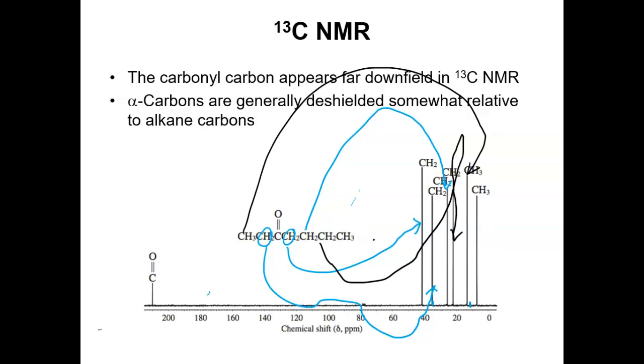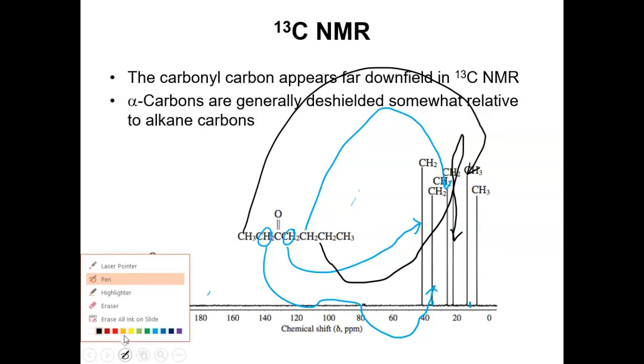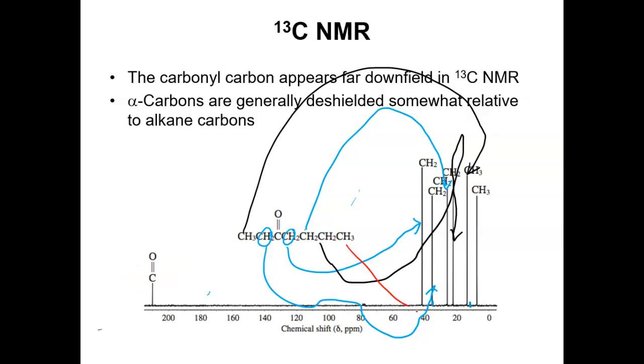Let me use a color. This CH3 should be this. We apply the same rule we had in chapter 14: carbon 13 NMR mostly reflects electron density, the inductive effect, judged by distance.